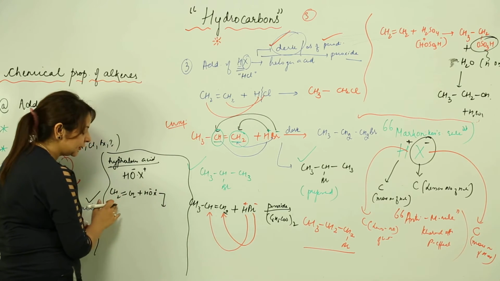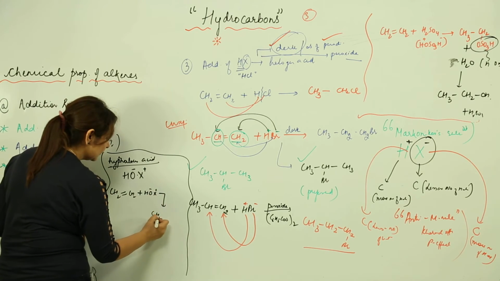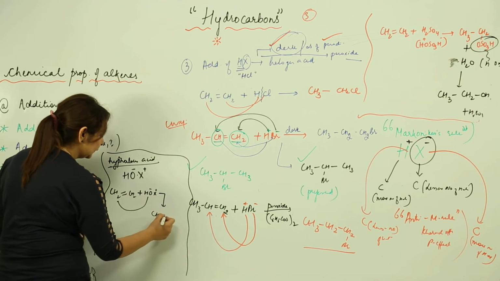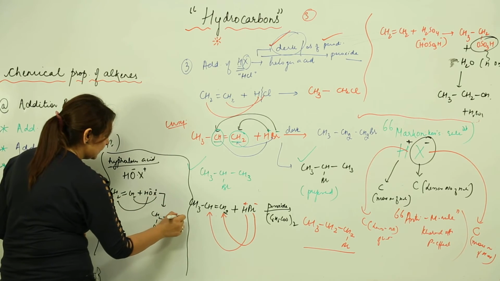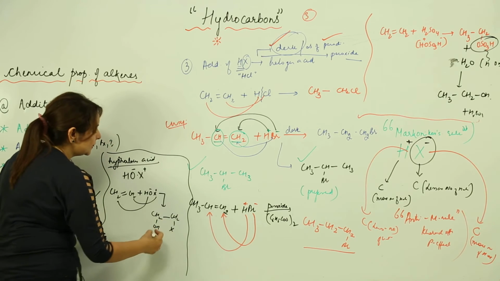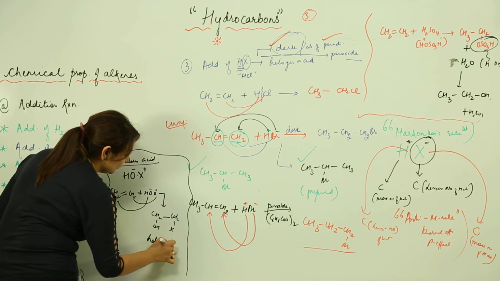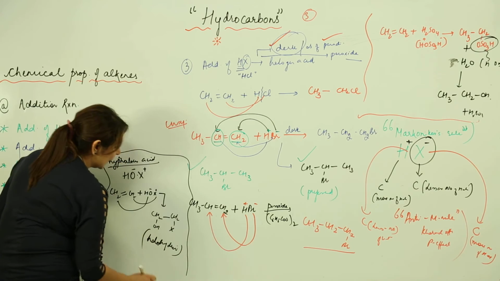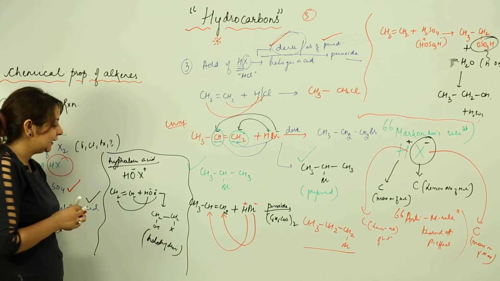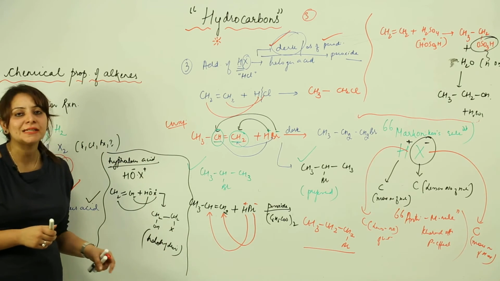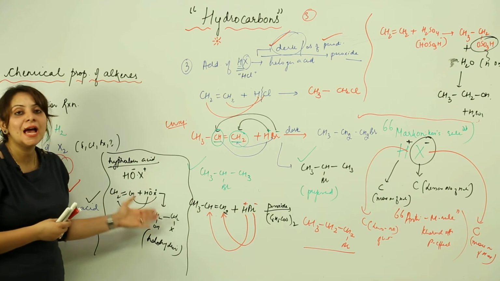As it is symmetrical you can add either side. So let's add OH here, bond becomes single and X this side. So this is something called by the general name halohydrin. This is actually a halohydrin, which contains the halogen and is termed a hydrin also. So it is called halohydrin.